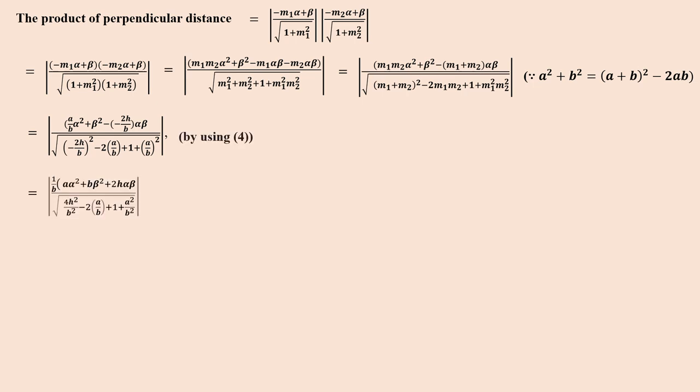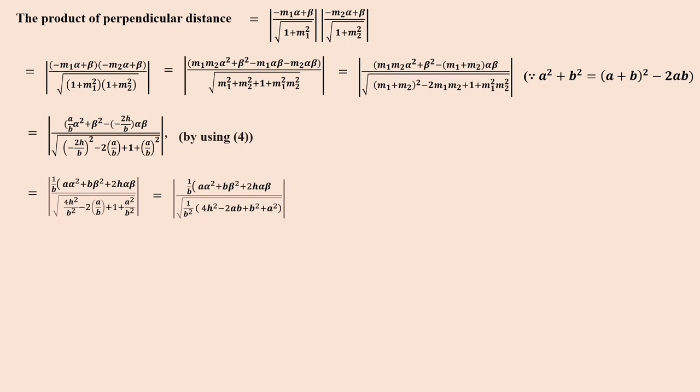That is equal to 1 by b common, the LCM, take it outside. So a alpha square, there is no LCM in the beta square term, so b into beta square plus 2h alpha beta divided by root of 4h square by b square minus 2a by b plus 1 plus a square by b square.